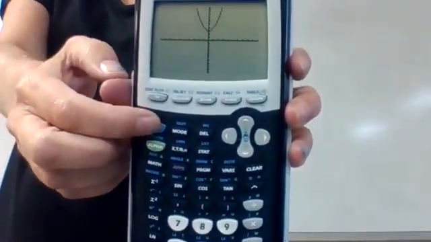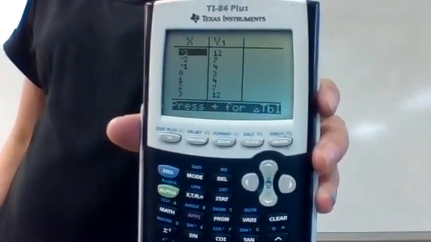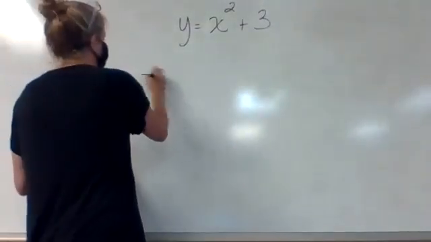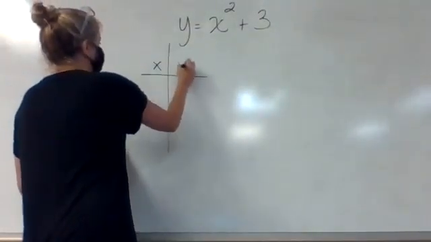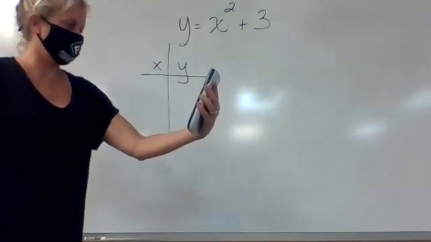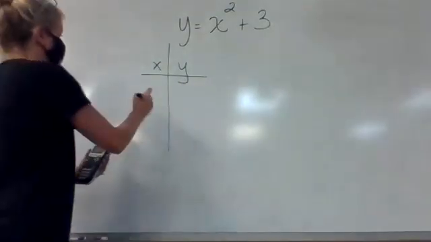Then hit, let's get some points. Second table. I'm gonna try to use points that are not too far off. So I'll do -1, 4.